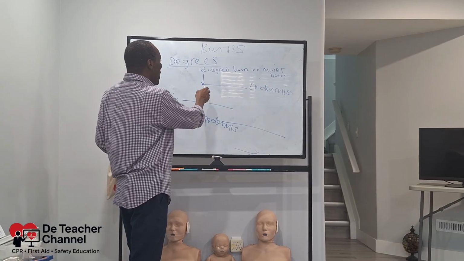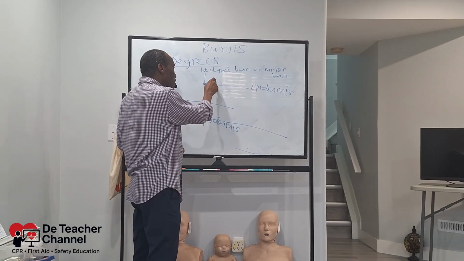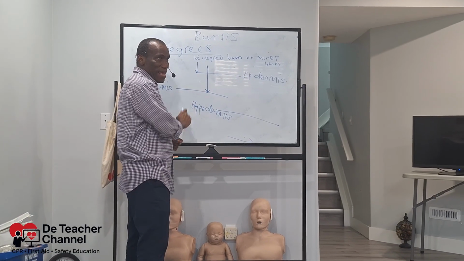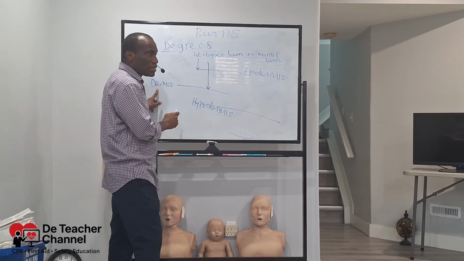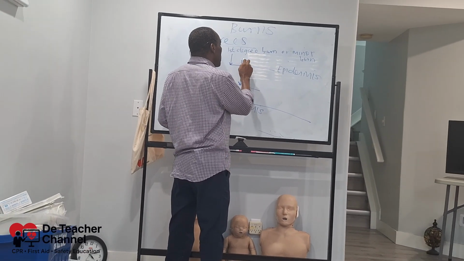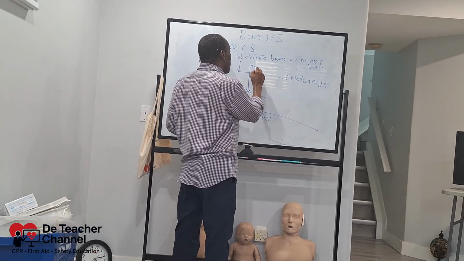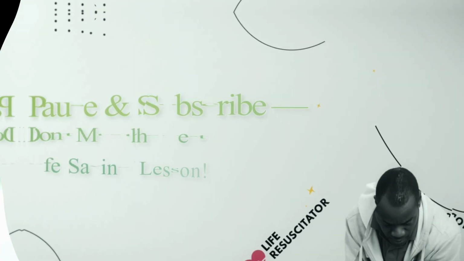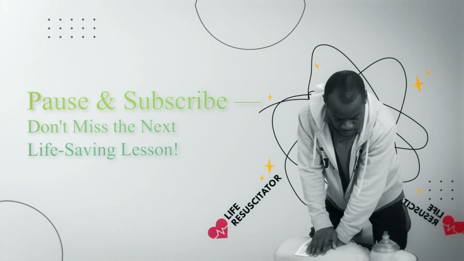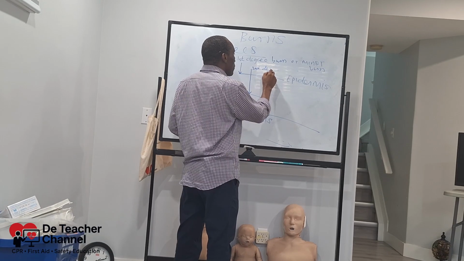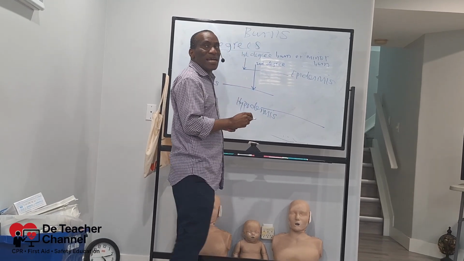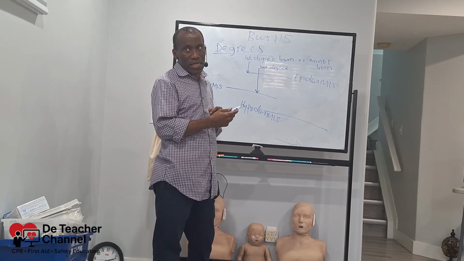However, if the burn cuts across the first layer and reaches the second layer, which is the dermis, that is called second degree burn. Another word for it is partial thickness burn.